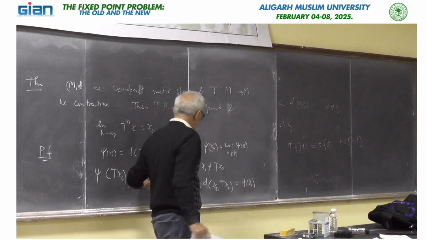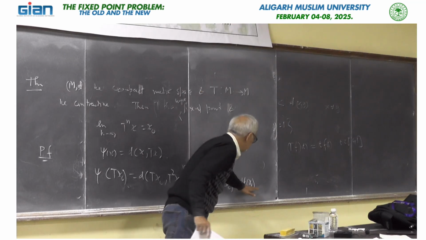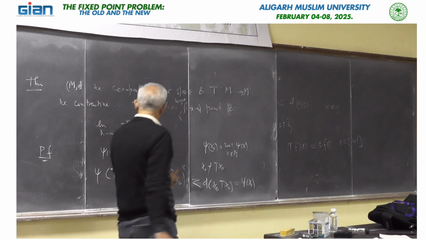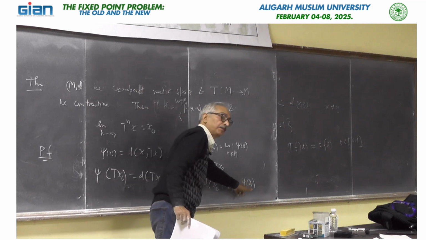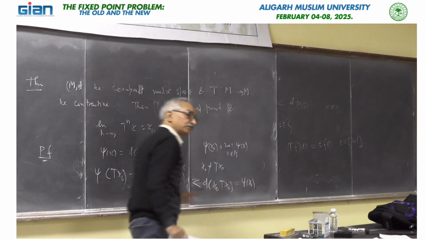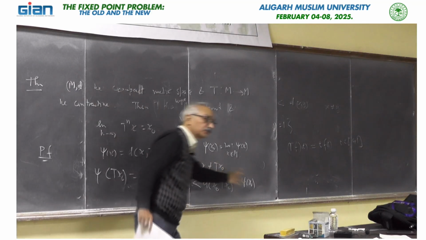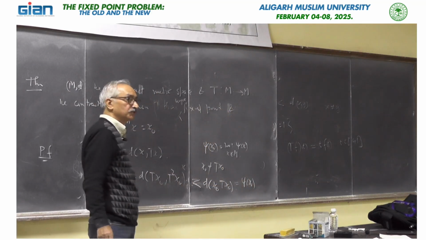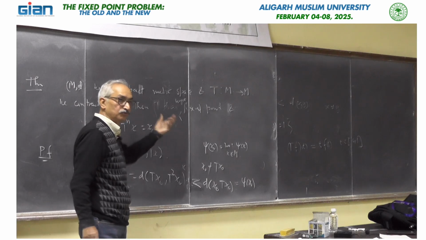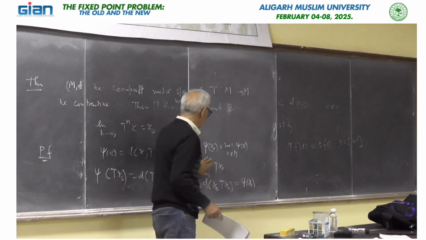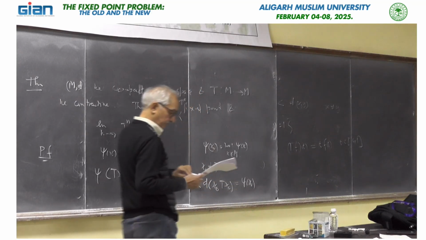But psi of x_0 is the minimum, and you are getting T of x_0, another point, since it is not equal to x_0, with a smaller value, which is a contradiction. So you actually cannot have this, and therefore this has to be a fixed point.